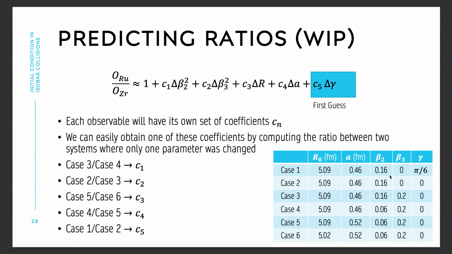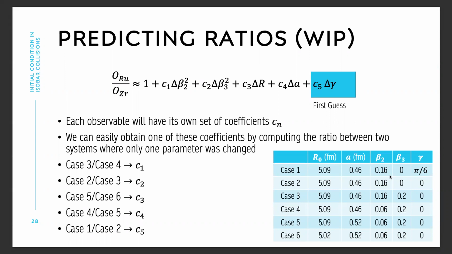But the idea is what we do here for each one of the observables. So for the eccentricities, for the flows, and so on, we compute these ratios. And if you isolate, let's say, case 3 and case 4, if you look at your table, the only thing that changes is beta 2. So all other deltas will be 0, and we can easily isolate C1.